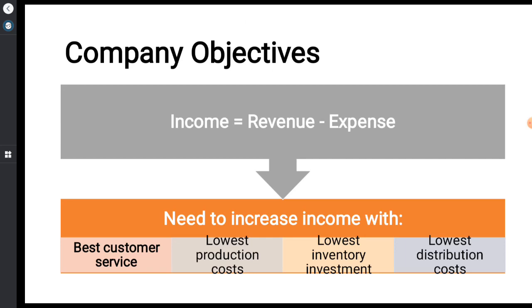The other option is to reduce manufacturing costs. That is to reduce the production costs, inventory investment, and distribution costs.